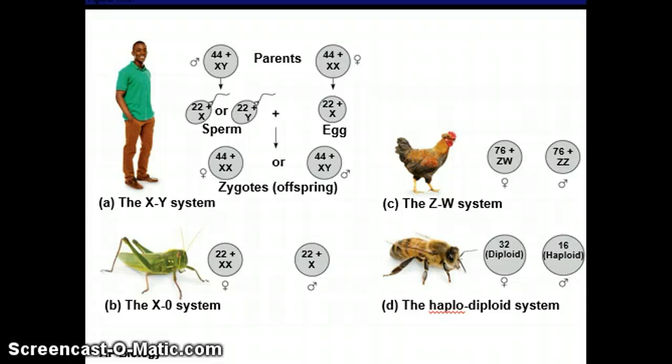This slide shows you how we have our XY system in humans and some animals, but there are other systems as well. So you can see here that in our XY system, we have 44 chromosomes that are autosomal, and then we have our sex-determining chromosomes, either the XY or the XX.